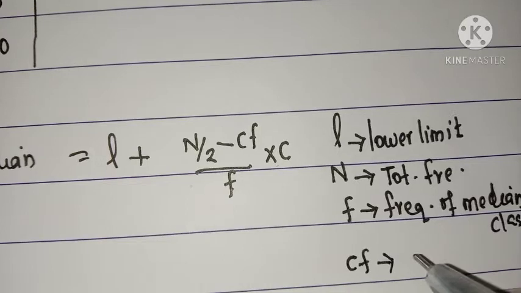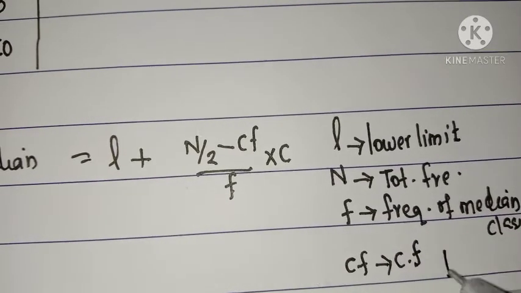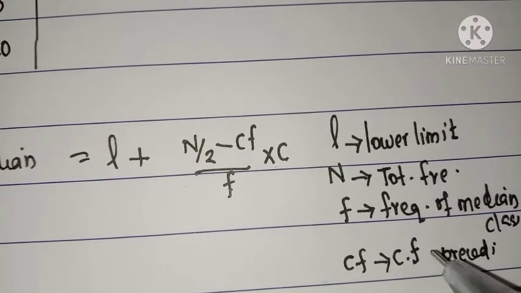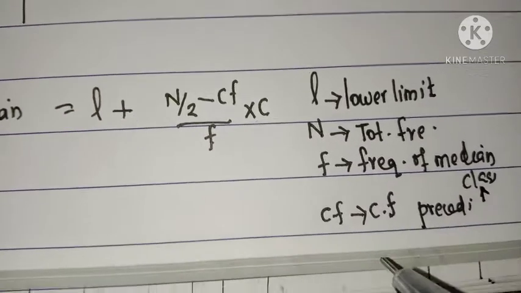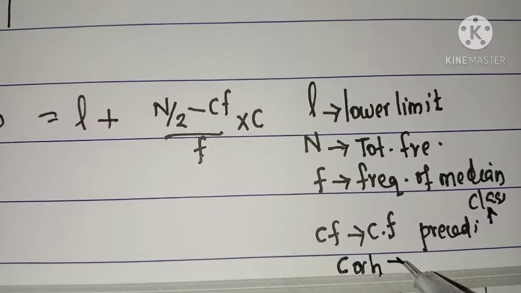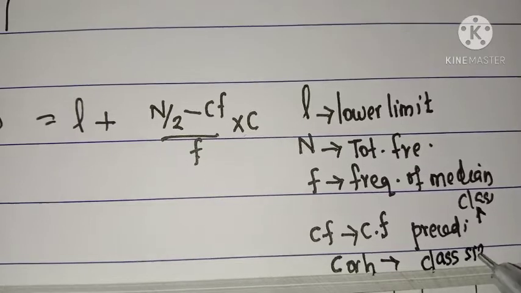CF is the cumulative frequency just preceding the median class. It's very important. And finally C or h. C is the class size or class width.